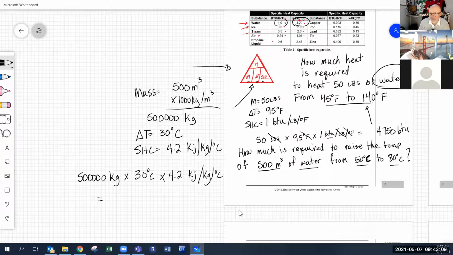And if I type this out, it's going to be a big number, isn't it? Some people have it here, 63 million? No. What did I do wrong? It's going to be 33,081,450 kilojoules to heat that swimming pool water from 50 to 80.